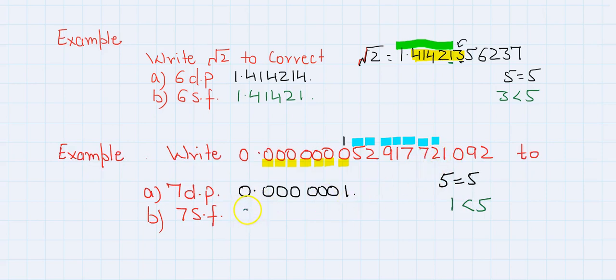So the answer will be 0.0000052917 and 2. That is going to be the answer. You can see the 7 significant figures are 1, 2, 3, 4, 5, 6, 7.